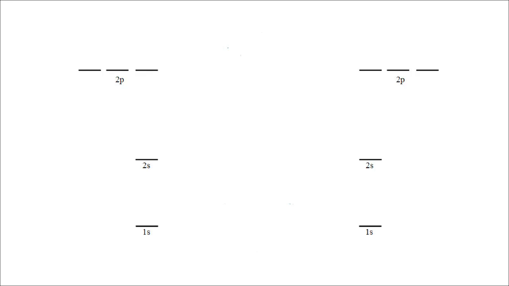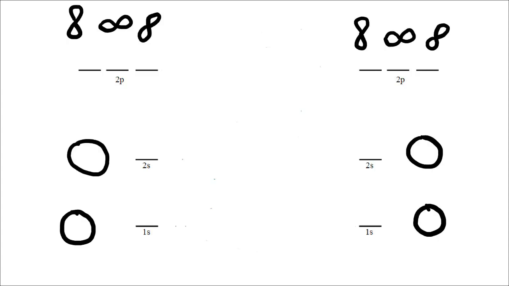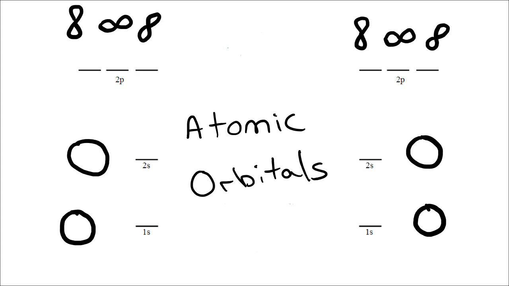Each of those clouds is how an electron flies around an atom, and so it's called an atomic orbital. Remember that when electrons fly at lower energy levels, they tend to fly in spheres, like these s orbitals here, and at higher energy levels, they start to fly in peanut shapes, like the p orbitals. So these are all atomic orbitals because they tell you how an electron flies around a single atom.